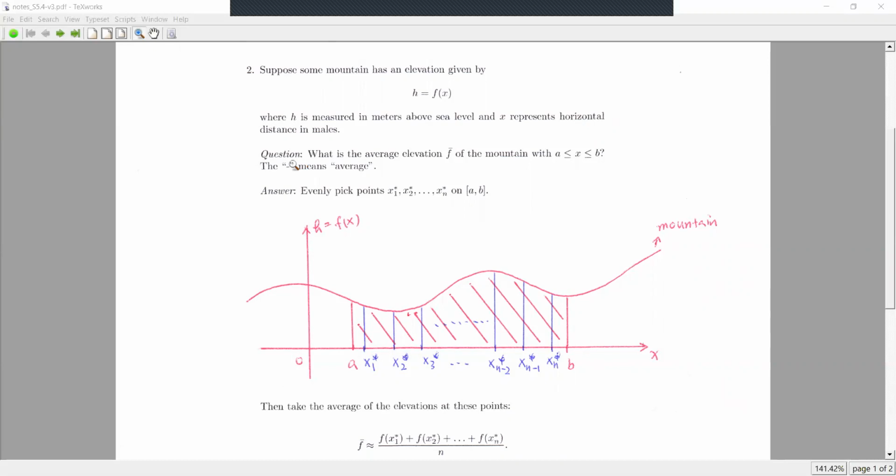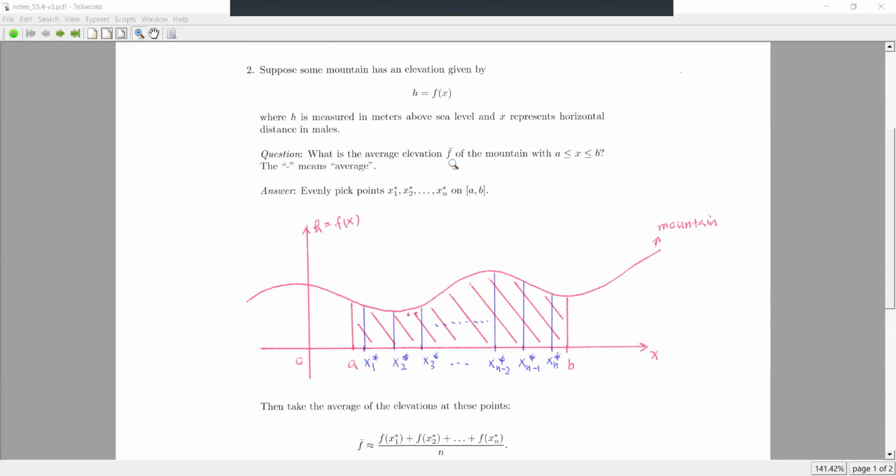Now the question is, we don't consider the whole mountain. We only consider the portion of the mountain between A and B. Now the question is, what is the average elevation of the mountain between A and B?